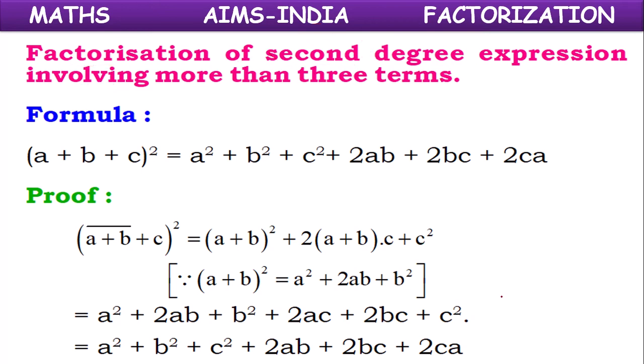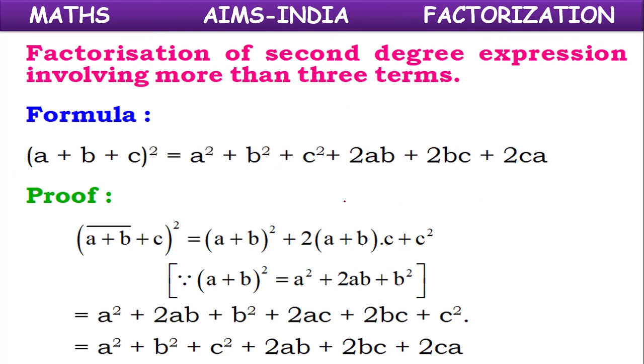So now how to factorize second degree expressions involving more than three terms. Suppose if we have a plus b plus c whole square, then this can be written as a square plus b square plus c square plus 2 into a into b, 2 into b into c, 2 into c into a, like this.